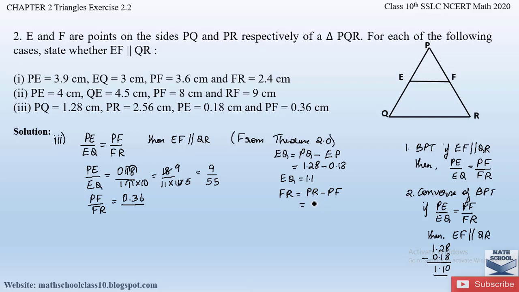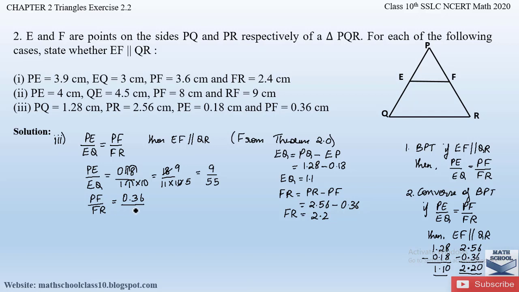So PR given here is 2.56 minus PF is 0.36. So let us subtract: 6 minus 6 will be 0, 5 minus 3 is 2, 2 minus 0 is again 2. So it is 2.2. So FR is equal to 2.2.